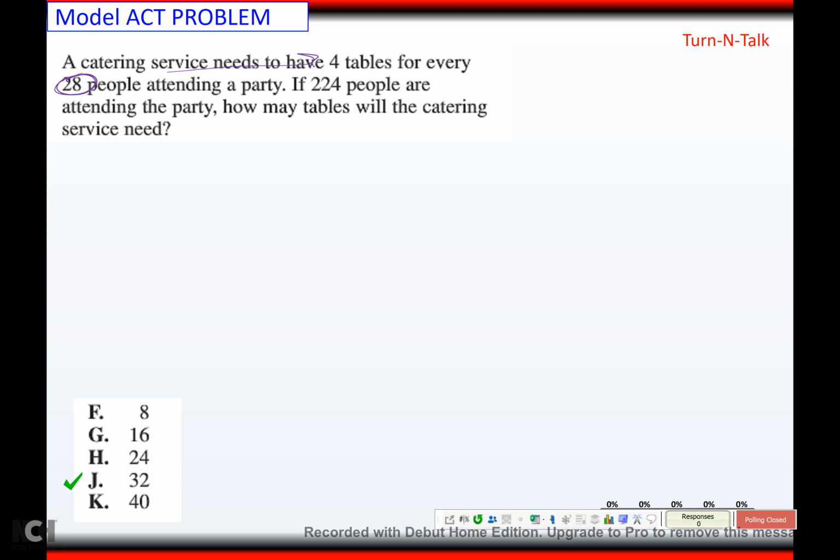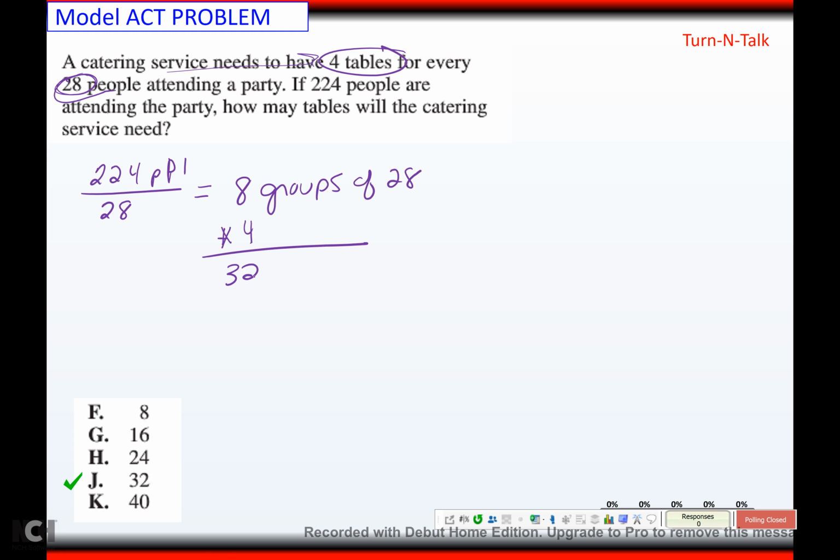Well, if 224 people are attending the party, I'm going to take 224 people and divide it by 28 people in a group, and that comes out to give me 8 groups of 28. Well, each of those groups then need 4 tables. So I got 8 groups of 28. Each of those groups need 4 tables. That's going to be a total of 32 tables.